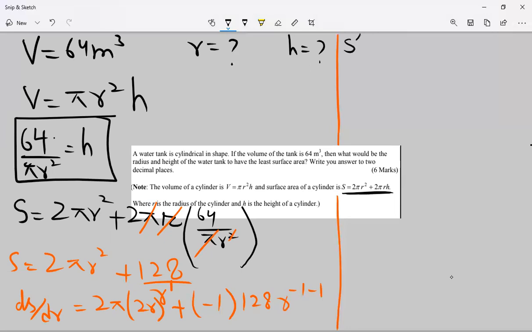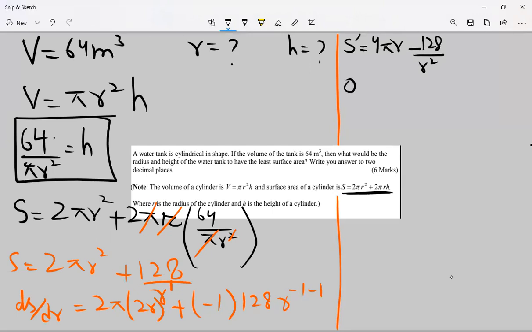First derivative, S dash, you can say that, is 4 pi R minus 128 upon R square. We know that according to the stationary concept, S dash is equal to 0.